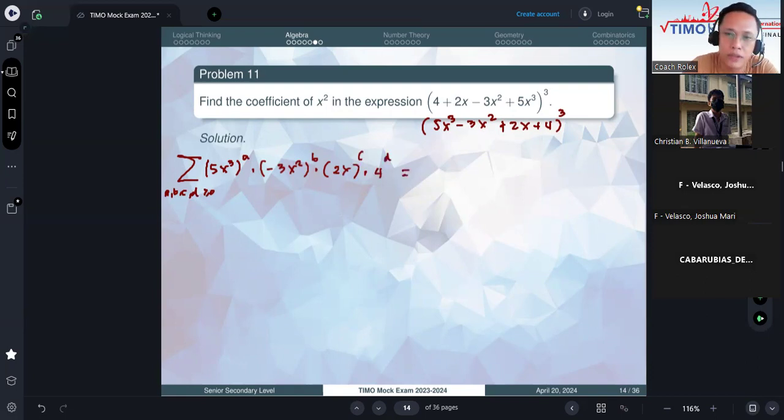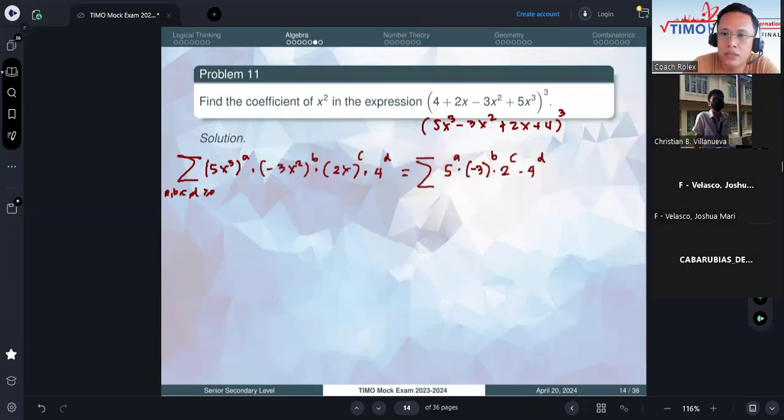Or if we simplify this one, you will have 5 to the a, negative 3 to the b, 2 to the c, times 4 to the d.